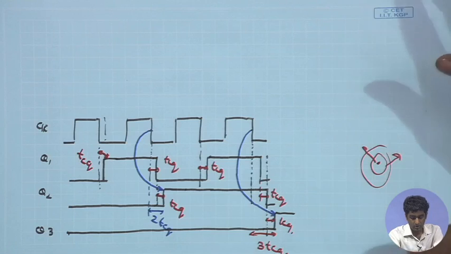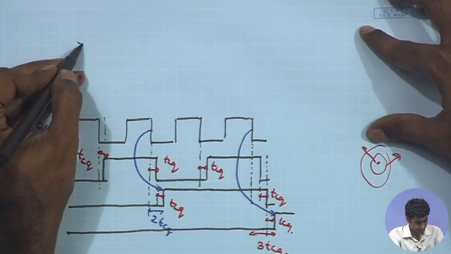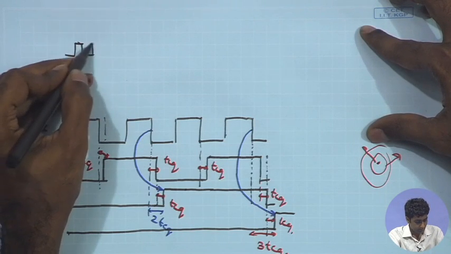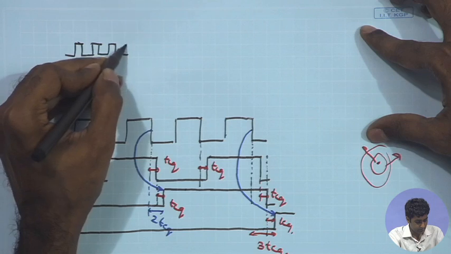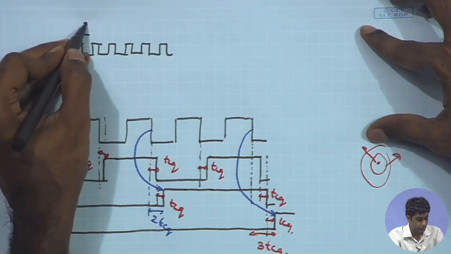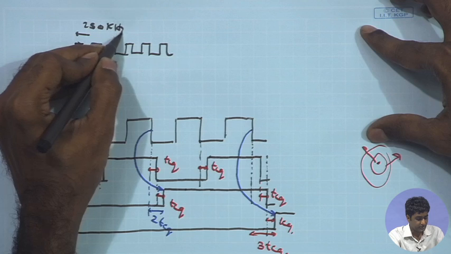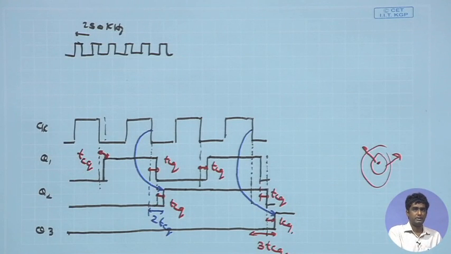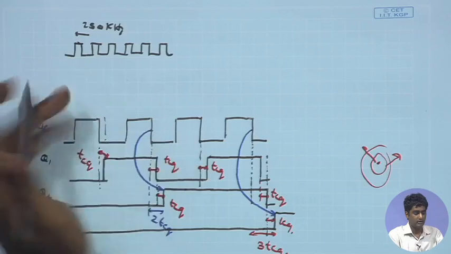the main clock that is coming in our design, we have decided a certain clock frequency for the main clock. If you remember, it was around, I think, 250 kilohertz, considering the data rate, the sampling frequency and the resolution of the bit that we had.